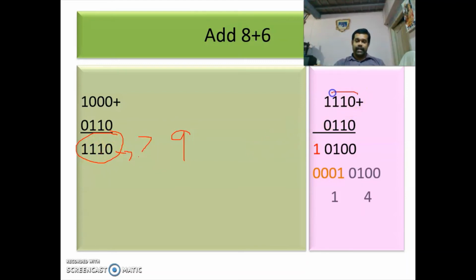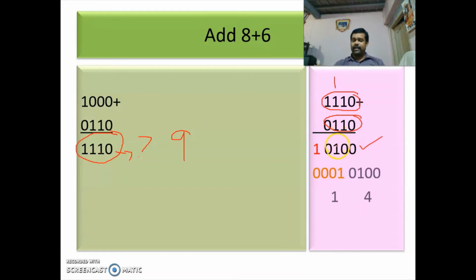In order to make this sum valid, we have to add a 6. So we are taking this number and adding a 6. 0 plus 0 is 0. 1 plus 1 is 1, 0. 1 plus 1 is 1, 0. You are writing 0 here and you are writing the carry here. So 1 plus 1 plus 1 is 1, 1.